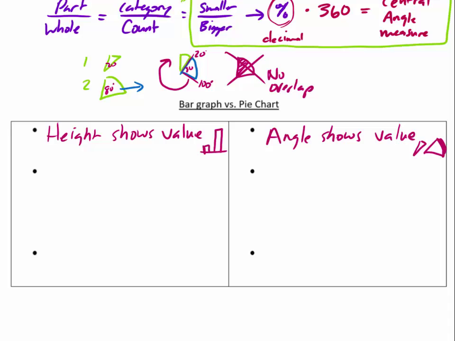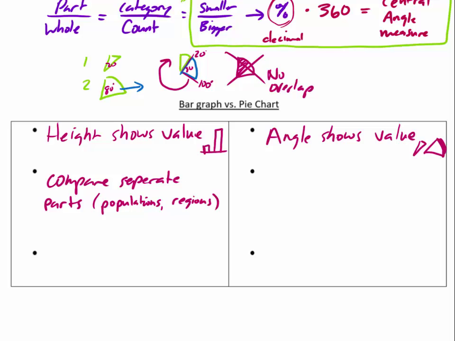Now, the second is that bar graphs can compare separate parts. You can compare populations or regions, like specifically up top, we compared different regions. So if you were doing an interview, you could compare different populations or things like that. Now, if we compare all the parts in a circle graph, it doesn't mean exactly the same thing.